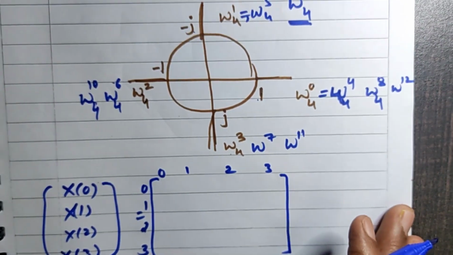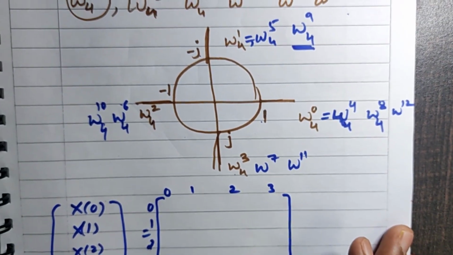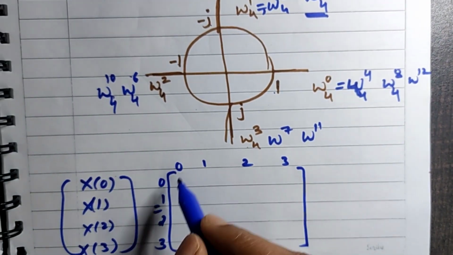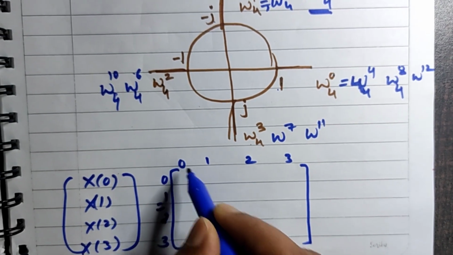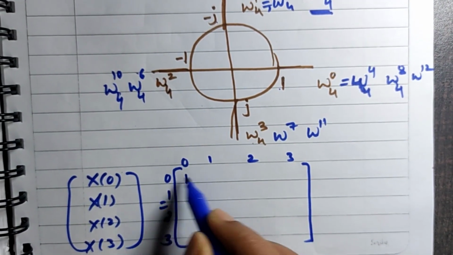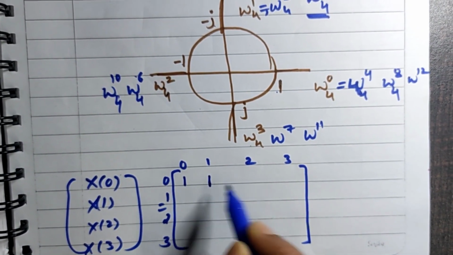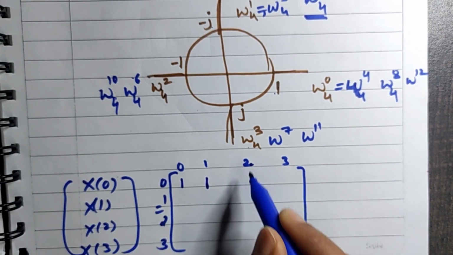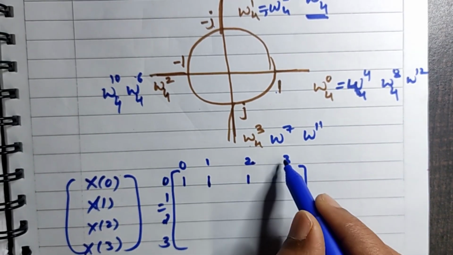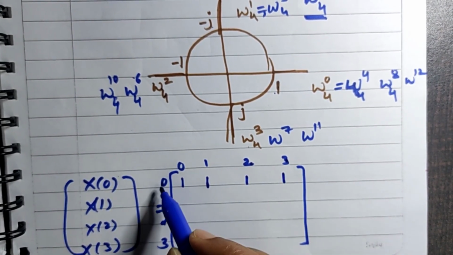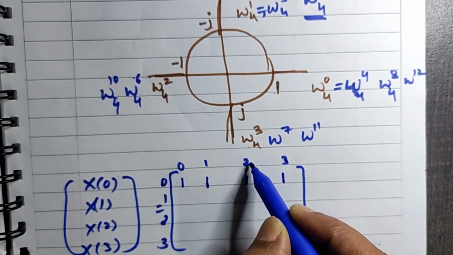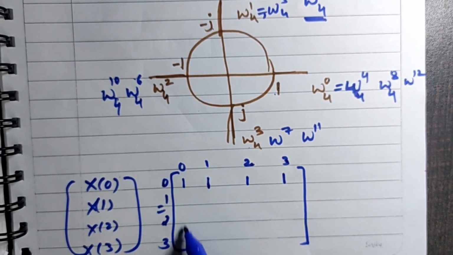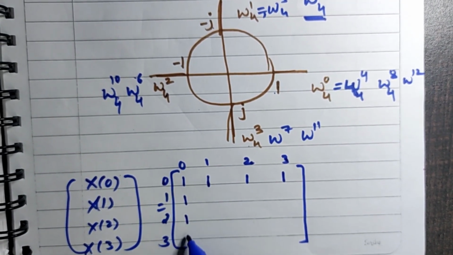Omega 4 raised to 0 is 1, and this is also omega 4 raised to 0 is 1, because it is 0 into 0, 0 into 1, 0 into 2, 0 into 3. Similarly, this column is also 1, 1, 1.